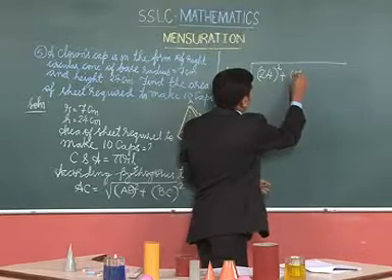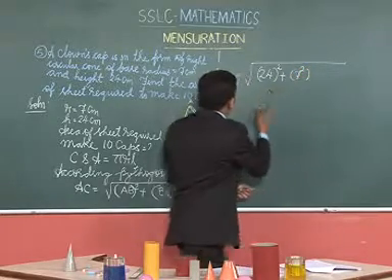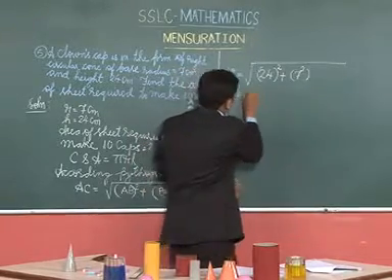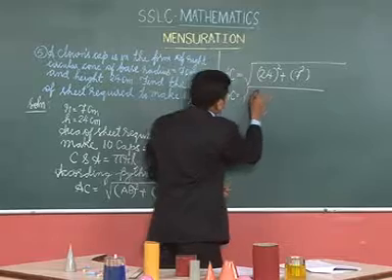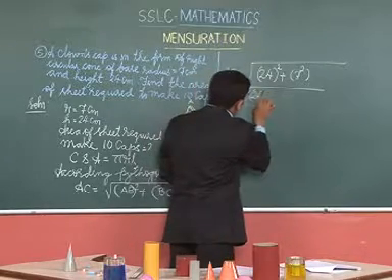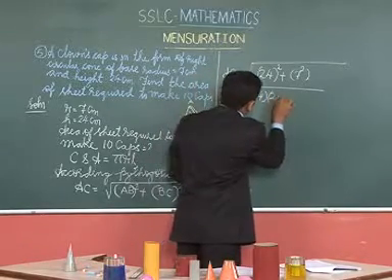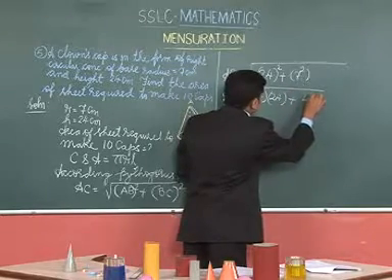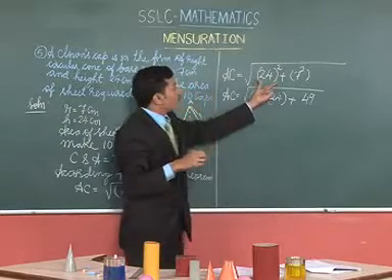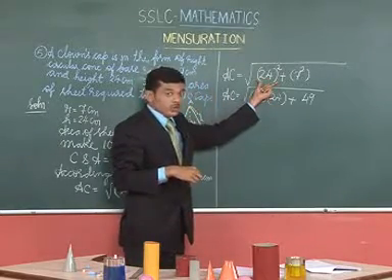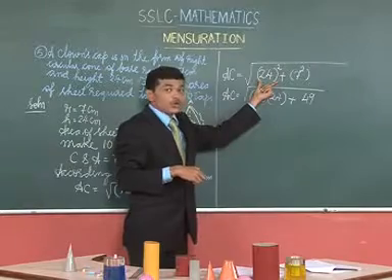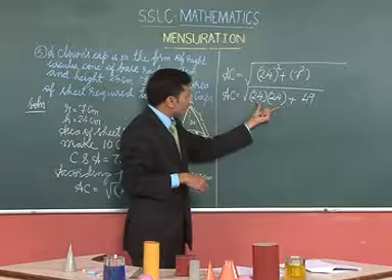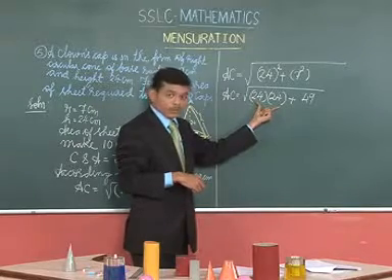So 7 square. So this gives you AC is equal to under root 24 square, that is 24 into 24, plus 7 square, which we already know is 49. If you know the value of 24 square, which is 576, you can directly substitute. Otherwise, you can write it this way and multiply.